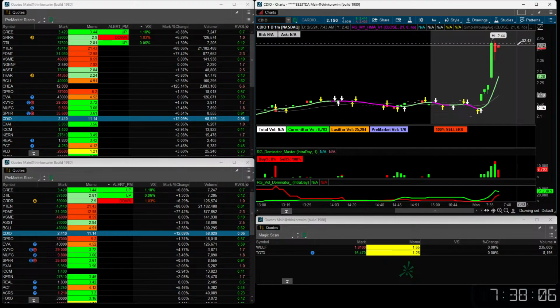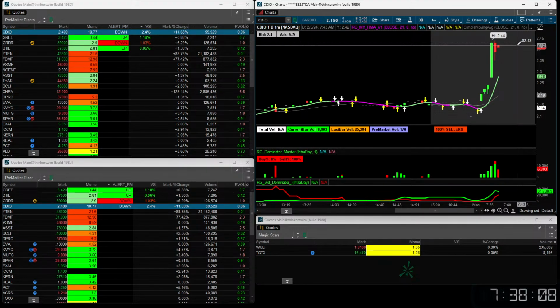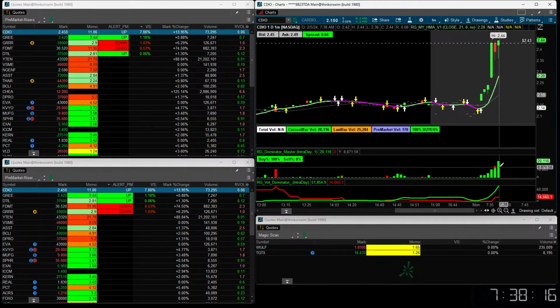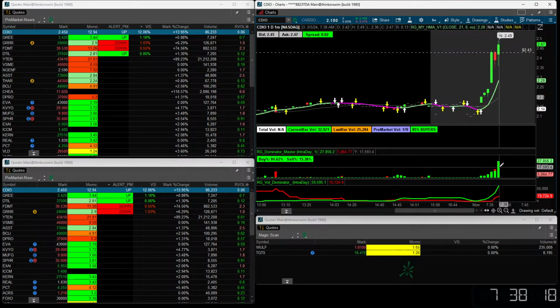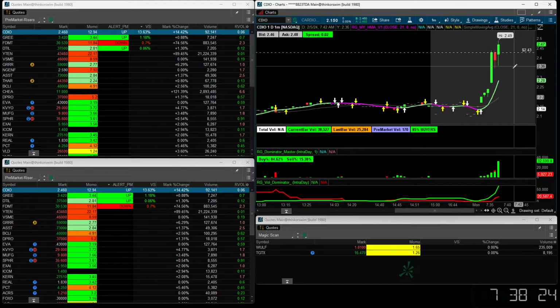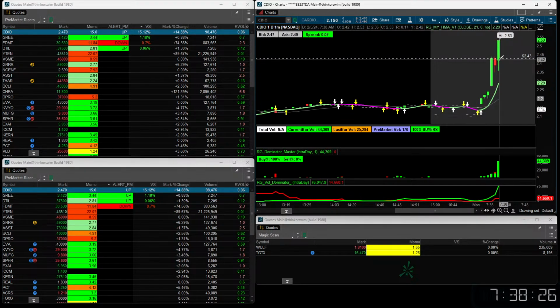Looks like we're going to go up for more, if we can get the volume to come in, that is. Nice green bar, buyers coming in. Nice pop up. Wasn't much of a pullback. You'd have had to play the tail on the red candle. Nice run up. Only about a dime, but a dime is a dime.